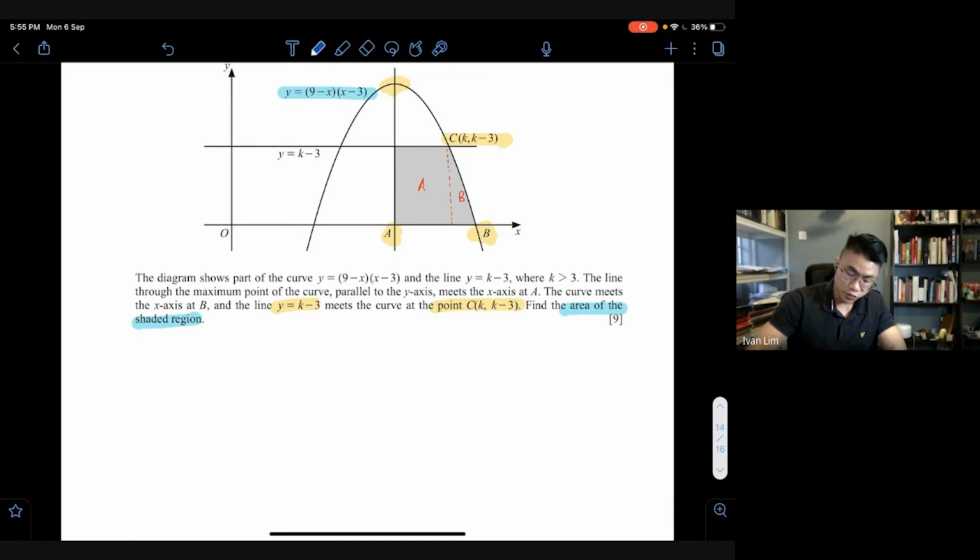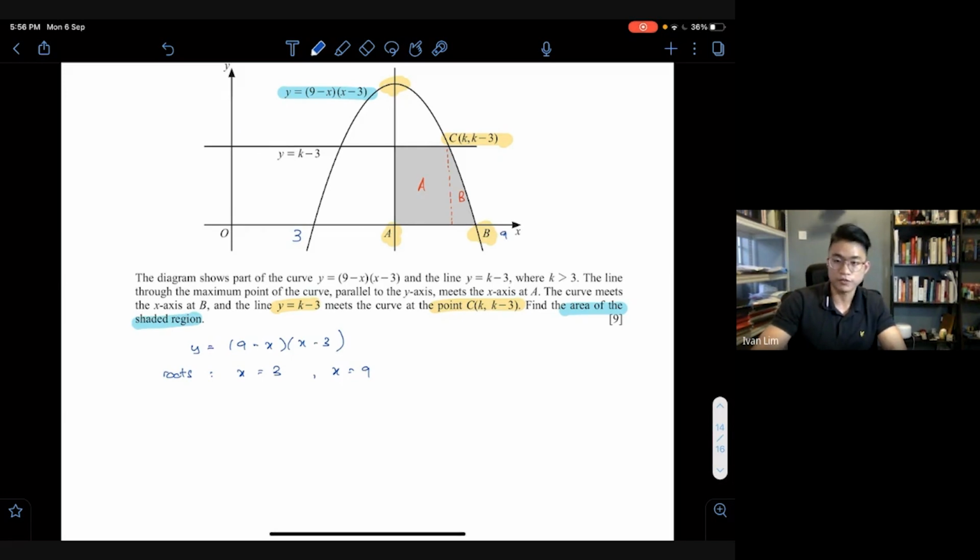Okay? So using y equals 9 minus x, x minus 3, over here I know my roots, which are my x-intercepts: x equals 3 and x equals 9. Which means this is 3, this is 9, right?